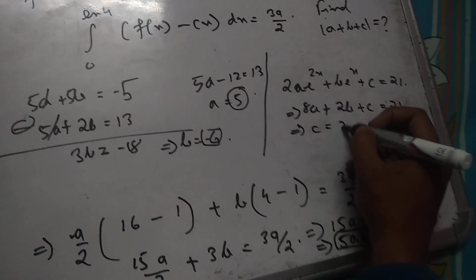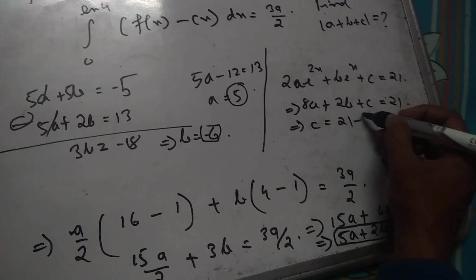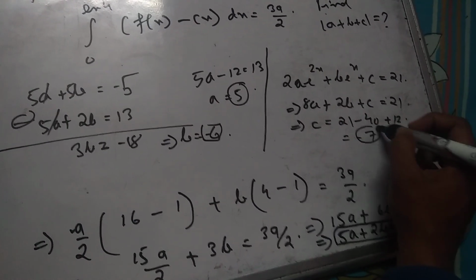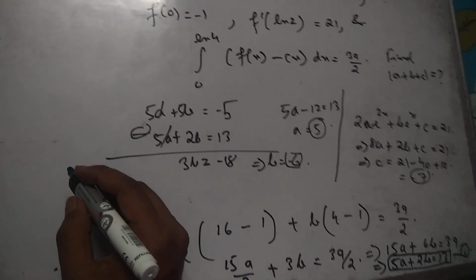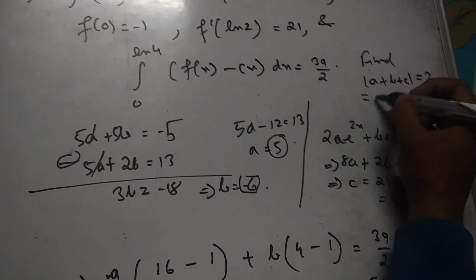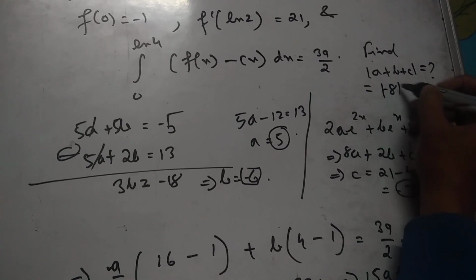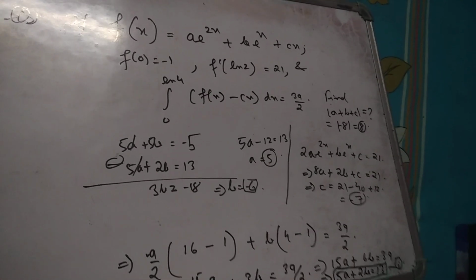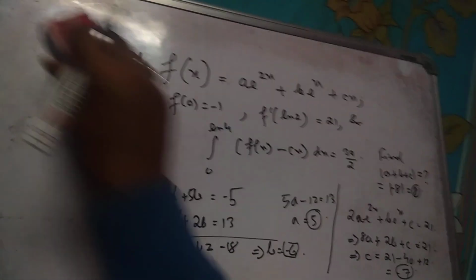So what is c? 40 plus 12 minus 7, right? So therefore this thing is nothing but 8. Alright, so this was an easy question. Chalo, let's move to the next question.